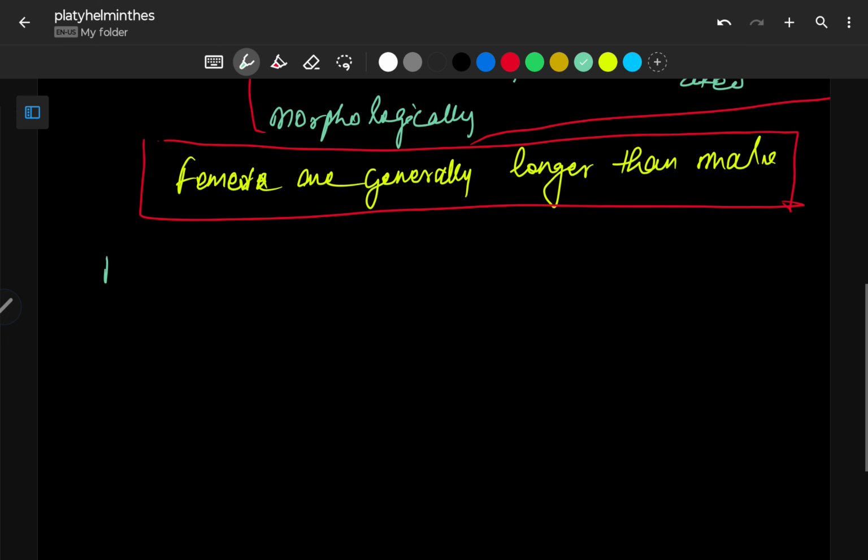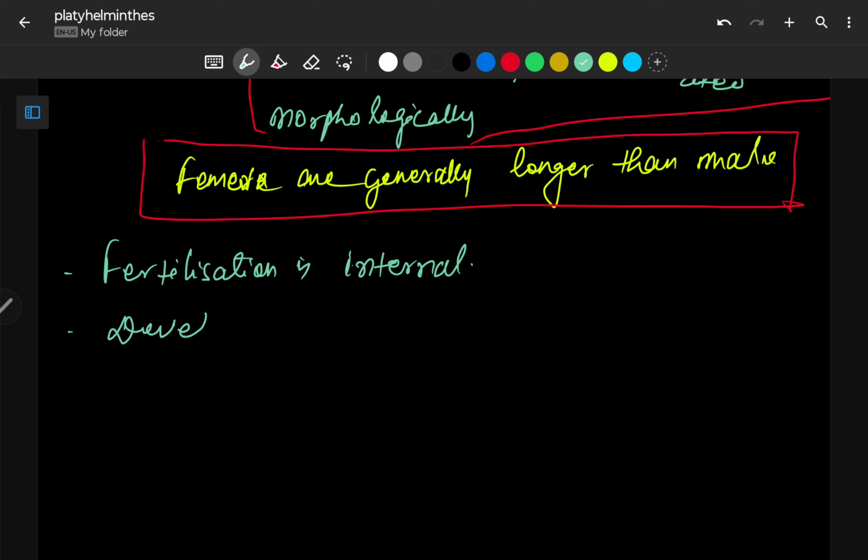Okay, now come to fertilization. Fertilization is internal, meaning it takes place inside the body, and development is direct.